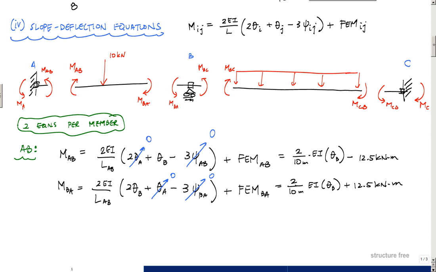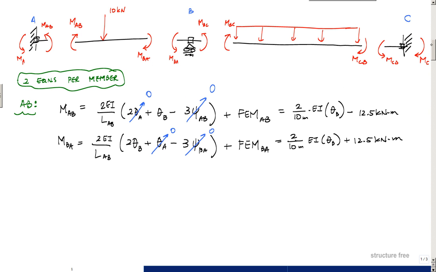And that's member AB. Now we just go on to member BC. Again, two equations per member. So MBC is 2EI over LBC, 2 theta B plus theta C minus 3 psi BC plus the fixed end moment at BC.